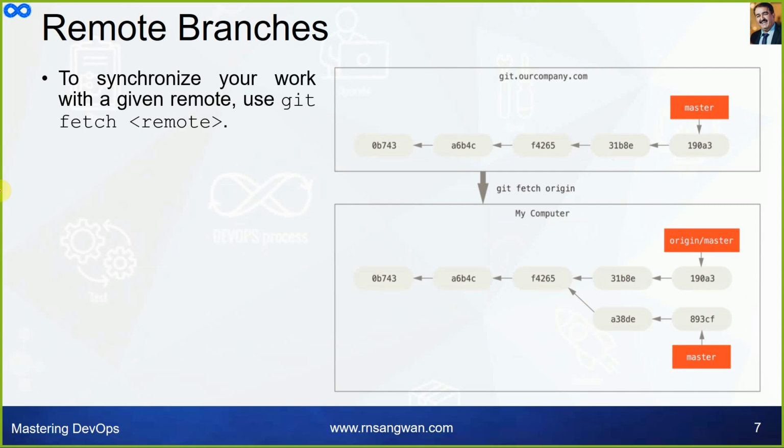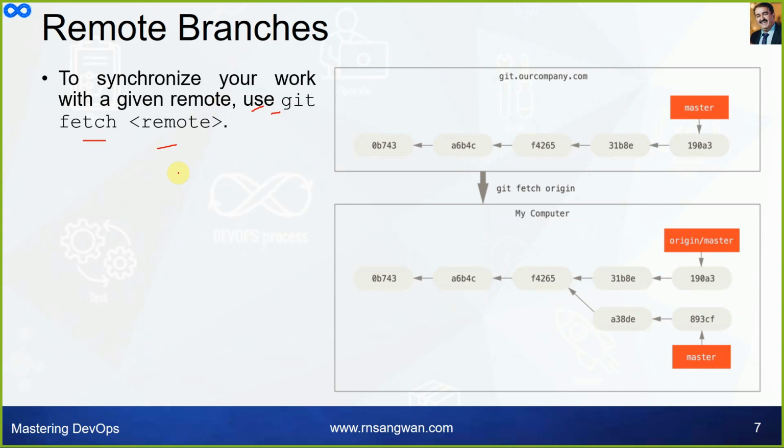Now to synchronize your work within a given remote, what do you use? You use git fetch remote. Will it merge with your repository? No. What it will do is move the origin master pointer which you started with when you cloned the remote repository.